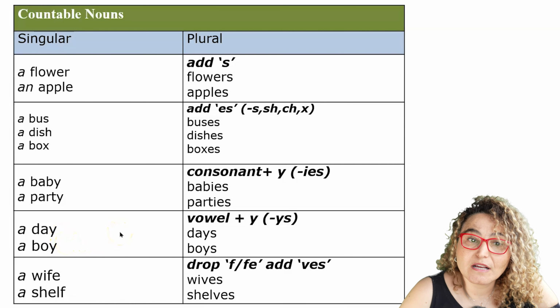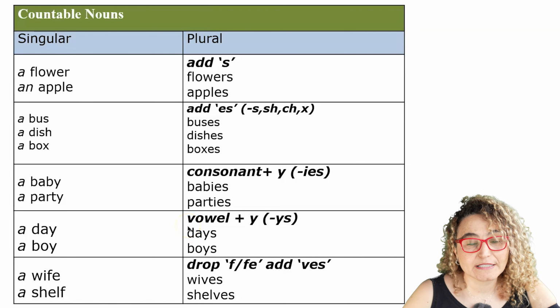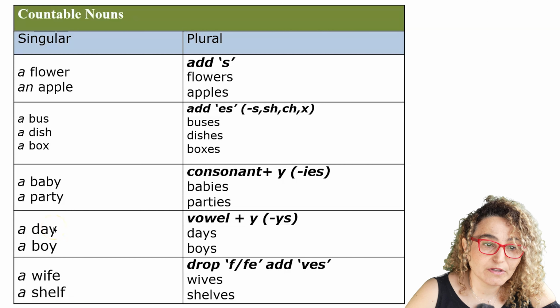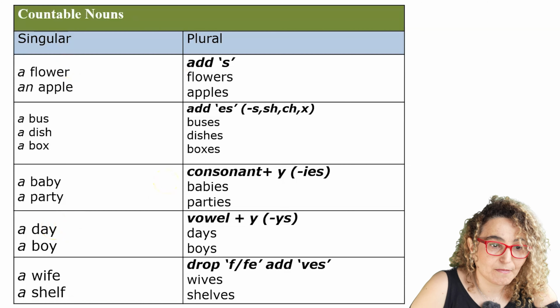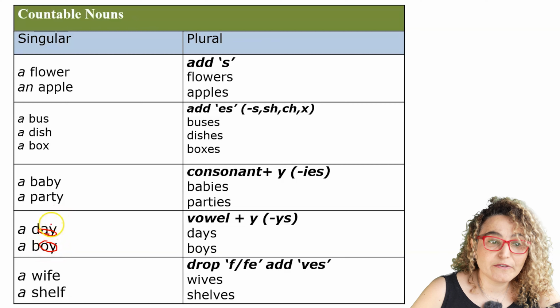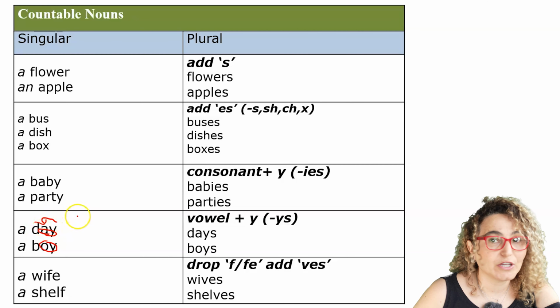I get a lot of questions asking, how come we just add an S, but we don't change it to IES? Because you always have to notice before the Y, what do you notice before the Y? There is a vowel. So if there is a vowel before the Y, we don't change it.